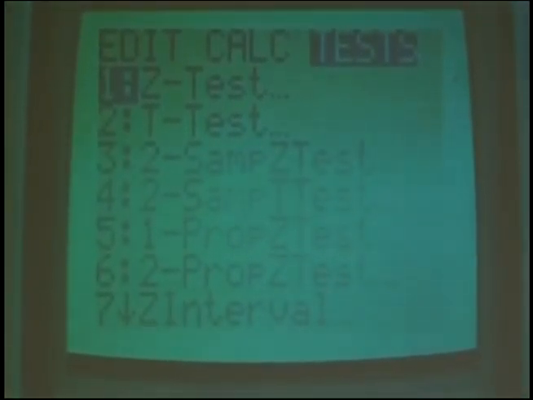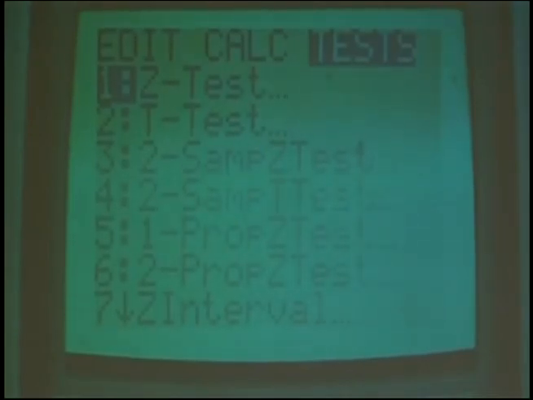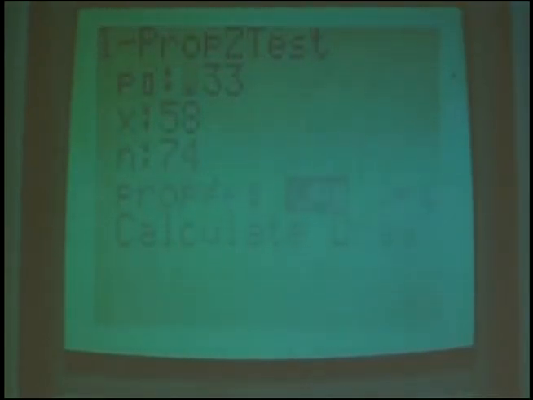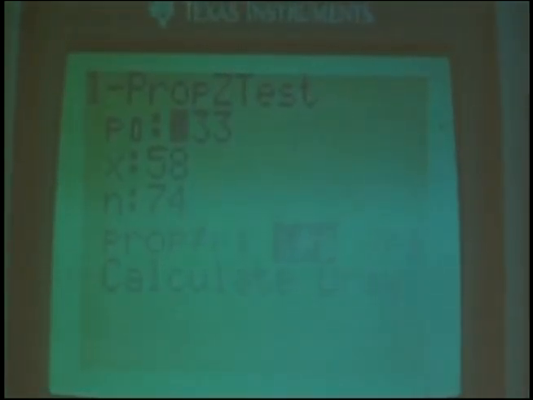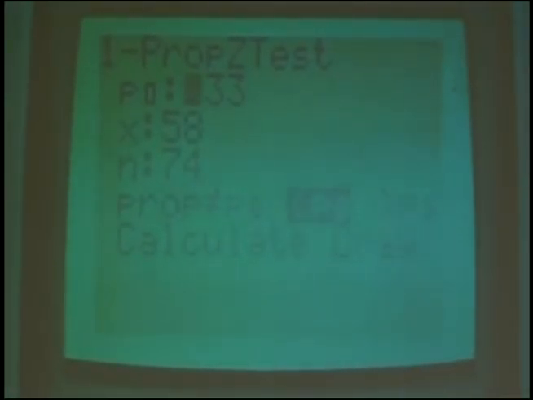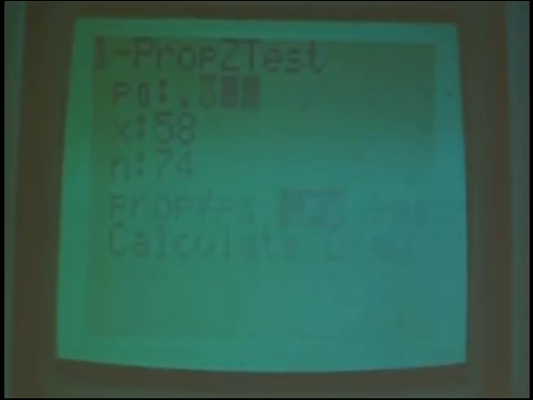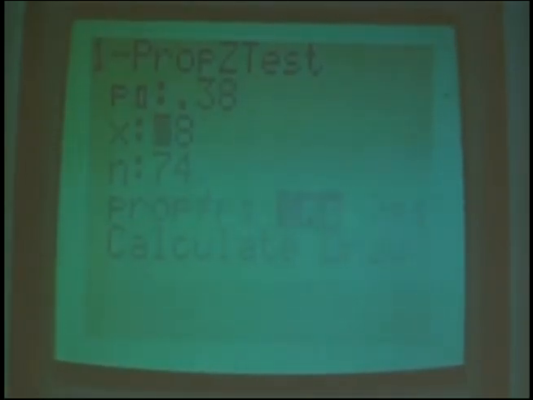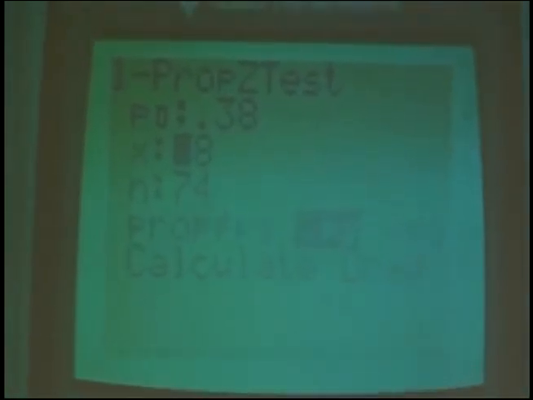Chances are that it's number 5 on your menu. Under one proportion z-test, you enter the p naught, which is the percentage in the hypotheses, the x, your number of successes, and your n, the number of trials.